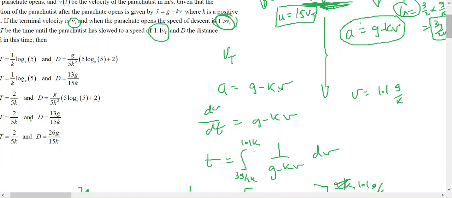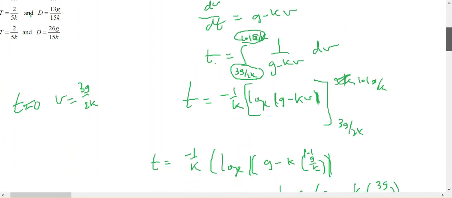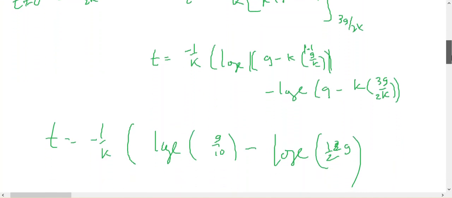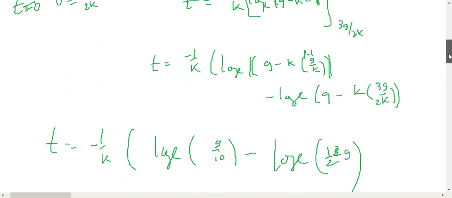Okay, so I've got acceleration is g minus kv. I can flip it upside down. I want the time that the velocity goes from 3g on 2k to 1.1 g on k, and that's 1 over g minus kv. Now, what does it look like by hand? It looks like this, and you end up with 1 on k log base e of 5.